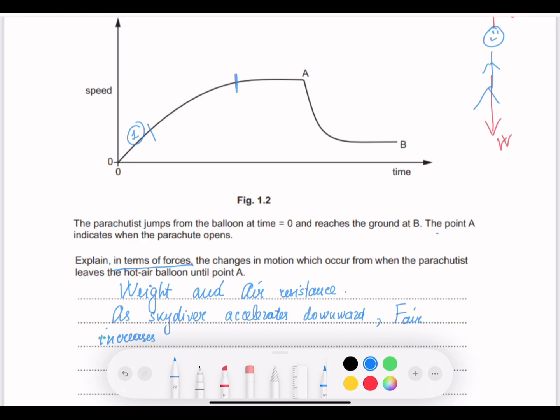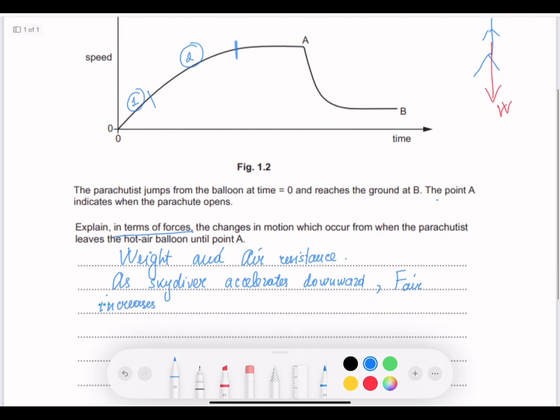Until here, air resistance increases until the skydiver stops accelerating. When it happens, this air resistance balances the gravitational force. It increases until it balances. Let's write weight, gravitational force.